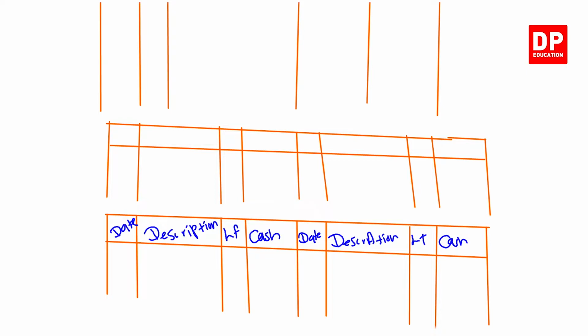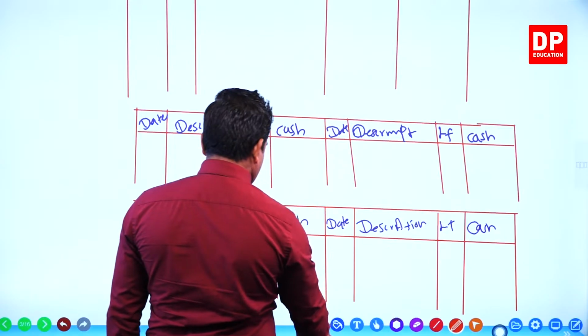What's the name of the account? This is regarding what? Water bill, electricity bill. What's the bill? Date, description, ledger folio, cash.